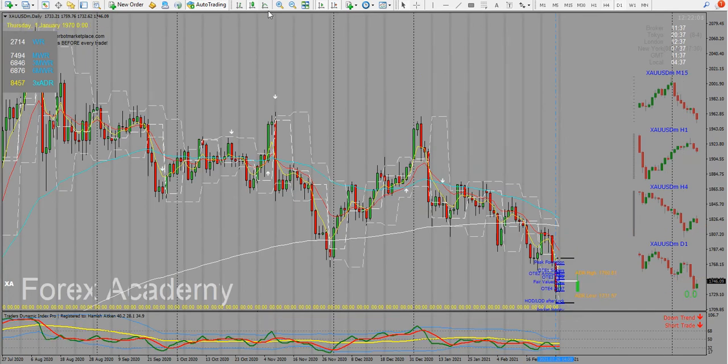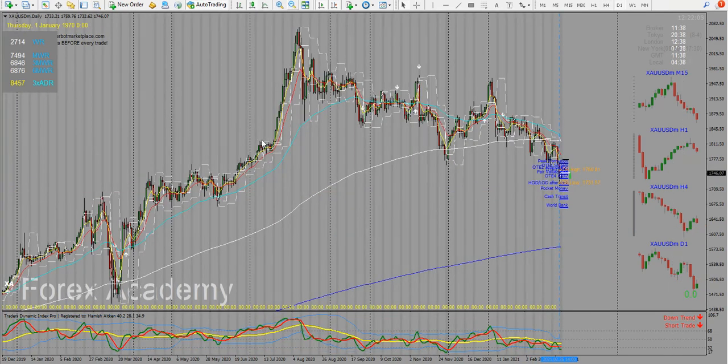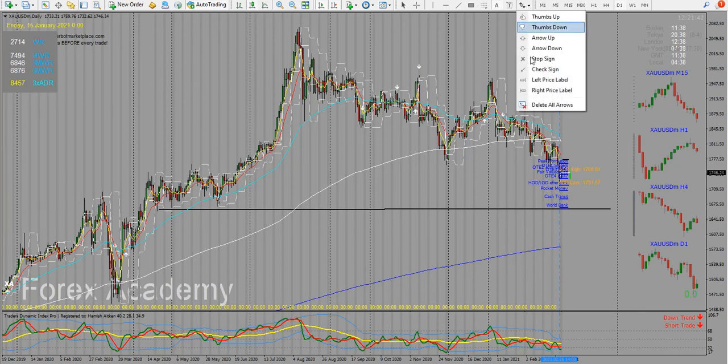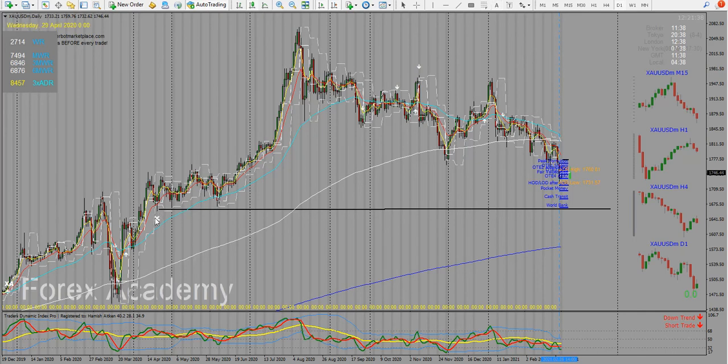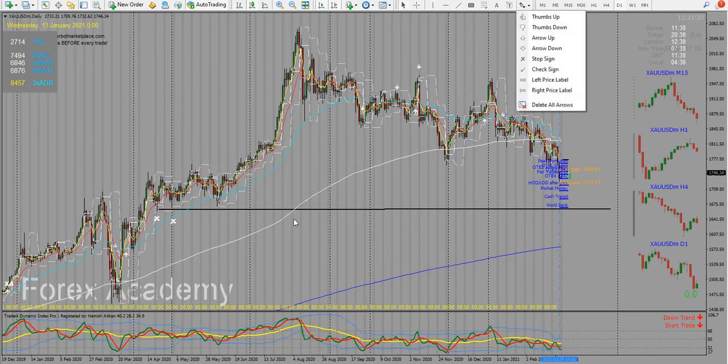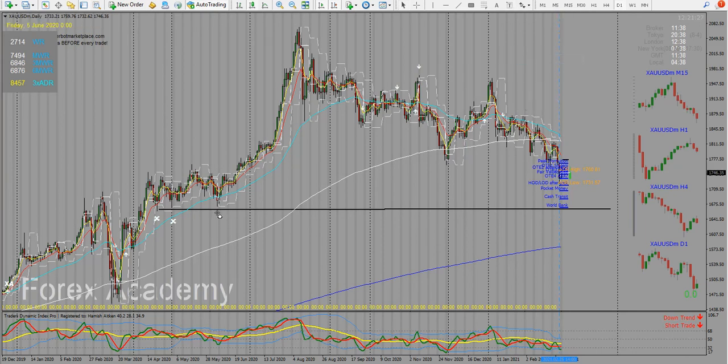Let me see... I'm expecting them to take these lows, which will be our last target. These zones, I'm willing to hold this pair, guys. I'm not going harder on it.